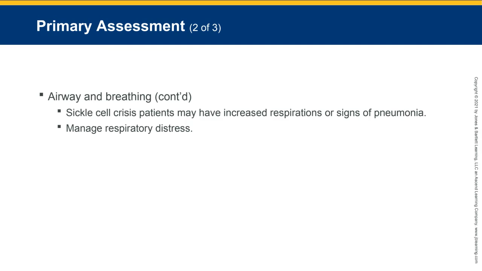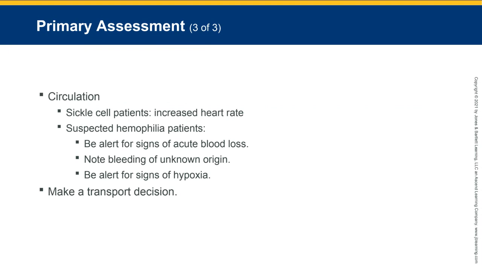Still on your primary assessment, still on airway and breathing, sickle cell crisis patients may have increased respirations or signs of pneumonia. Manage respiratory distress. After the airway and breathing assessment and management, next is circulation.